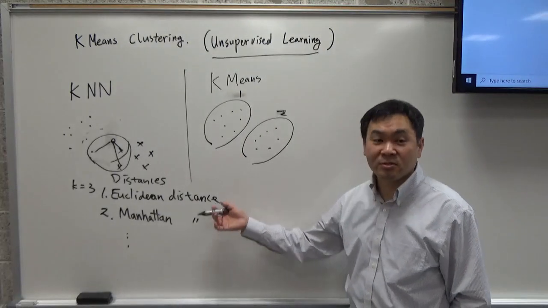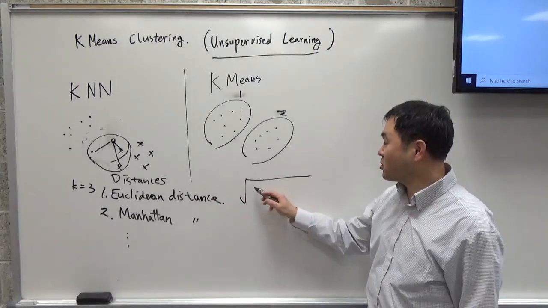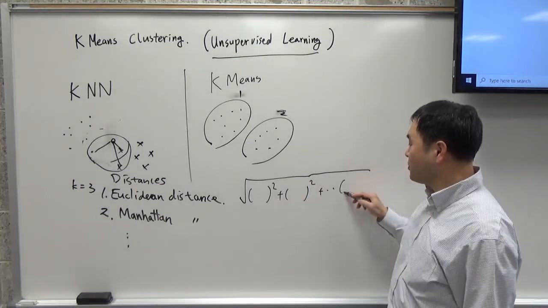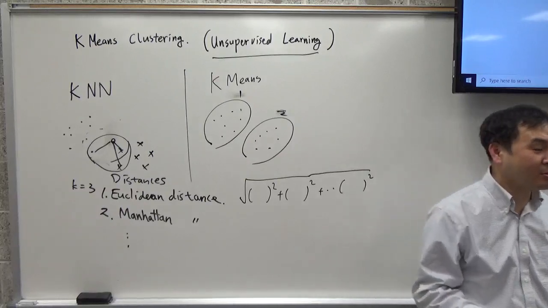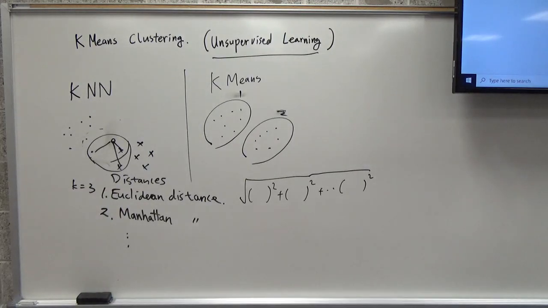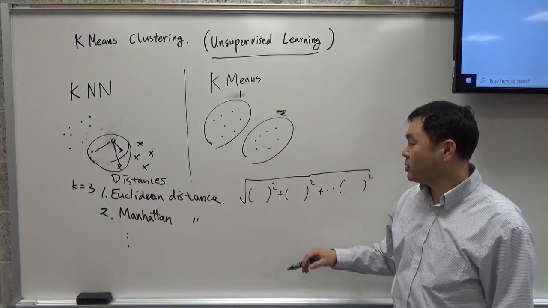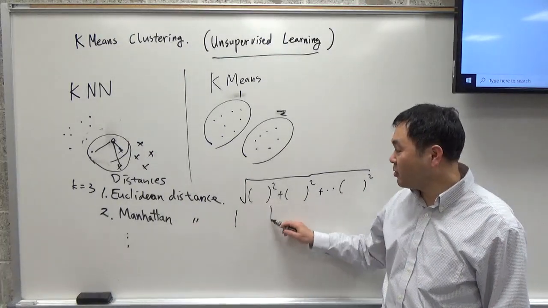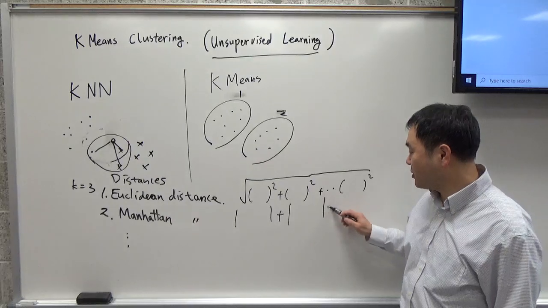Euclidean distance is just that. You just take the square root of the sum of squared differences of features, right? So that's Euclidean distance. For Manhattan distance, it's the absolute values of differences added up.